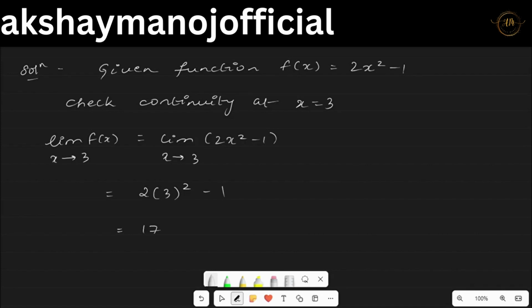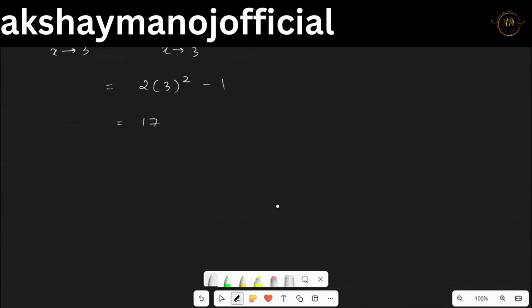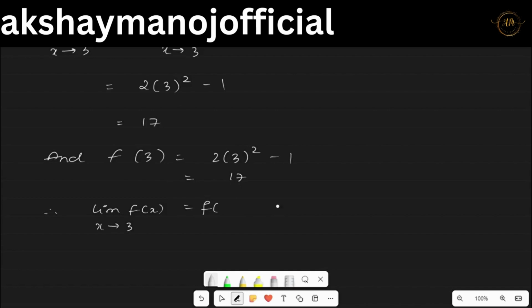Next, f of 3 is 2 into 3 square minus 1. Again 3 square is 9. 2 times 9 is 18. 18 minus 1 is 17. Therefore limit of f of x as x tends to 3 is equal to f of 3.